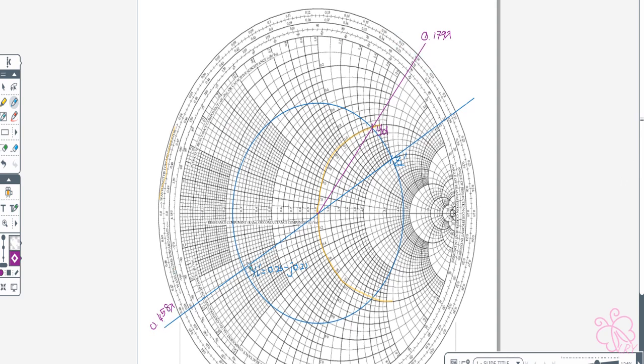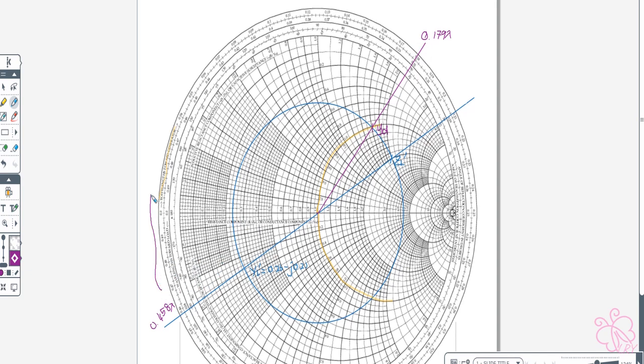Okay, so this will be from here up to here. Okay, this is the distance D. So the distance D is from 0.458 lambda, and we're going to the maximum point.